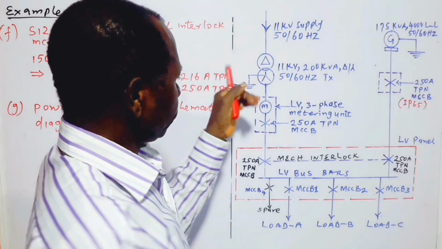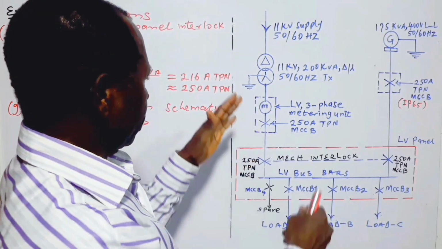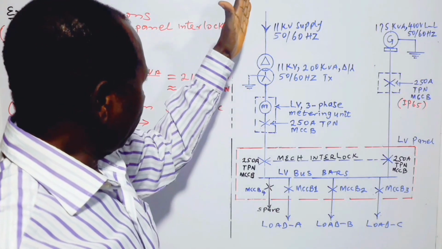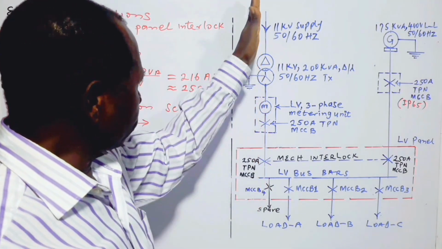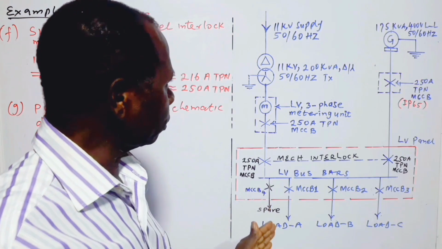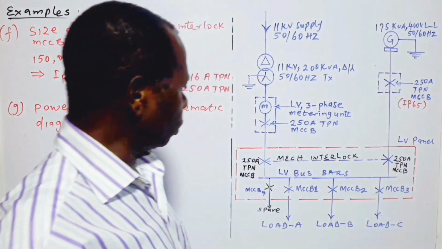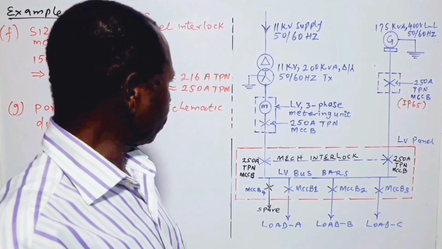And then G part, power distribution schematic diagram, is what we have here. Now, this is the power schematic or power distribution schematic diagram. We have three sections, which are the main section, the generator section, and the load panel section as well.